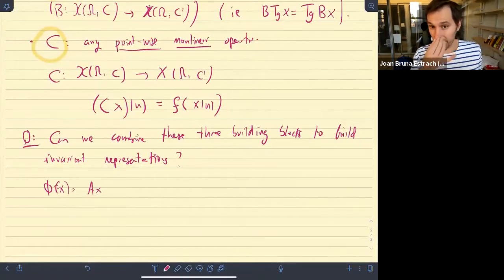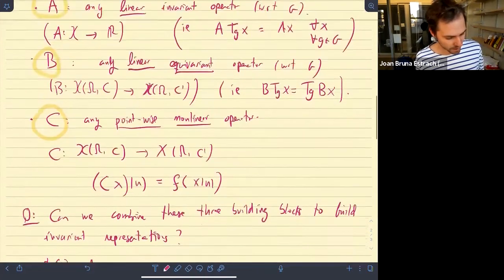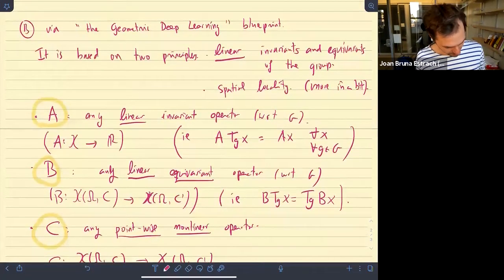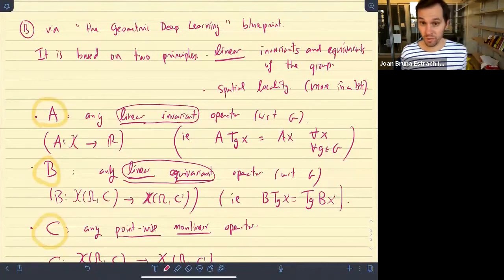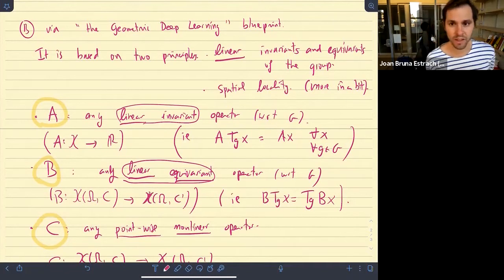We saw that last lecture. For example, in the case of the translation group, it could be the average of the signal. Remember that we are really focusing on linear structure. Understanding linear operators that have some nice combination with the group is a much simpler question than understanding general nonlinear operators that commute with the group.